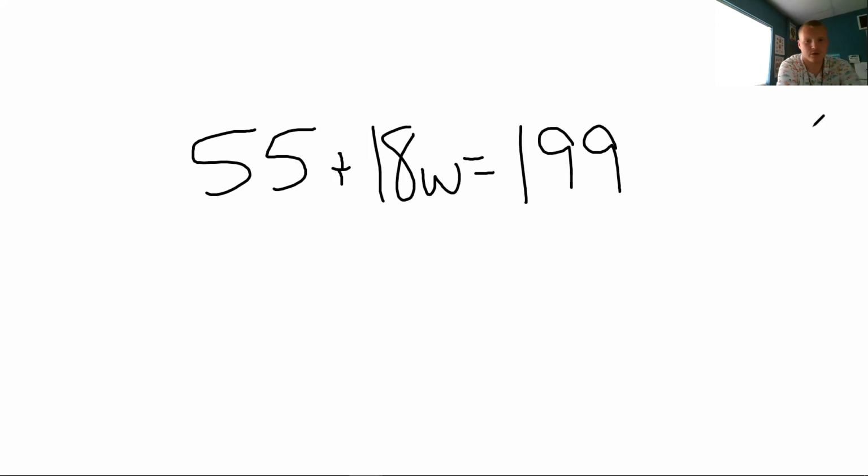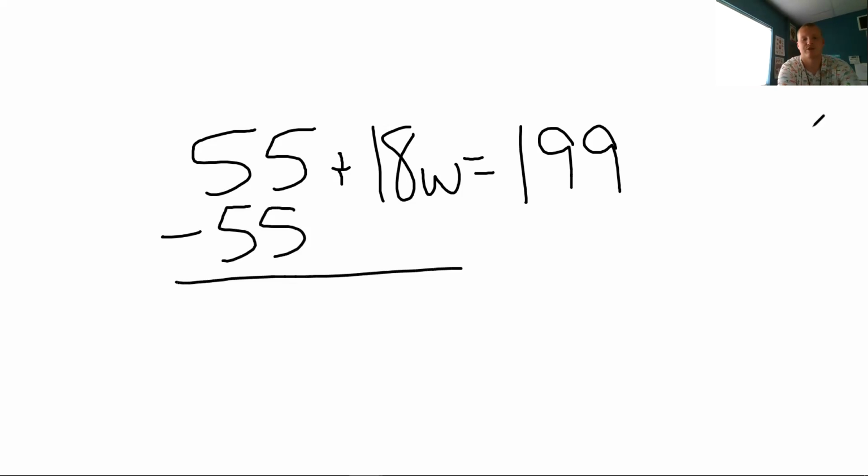Okay, so I'm just going to solve it out first, and then I'm going to see what their answers are based off of how I solved for W. So first, how am I going to solve this, Ellen? Yep, subtract 55 from both sides.